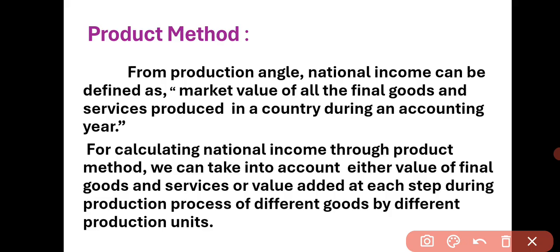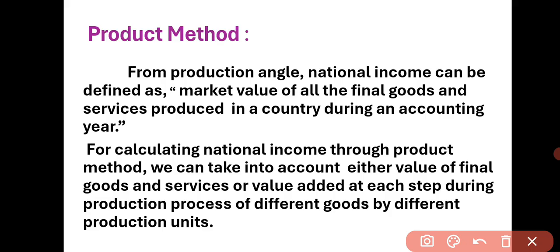But if we calculate by taking the value added at each step during the production process of different goods by different production units, then we have to take the gross value added by all the producing enterprises in all three sectors: primary sector, secondary sector and tertiary sector. In all these three sectors, what is the gross value added in the production units by the producing enterprises?